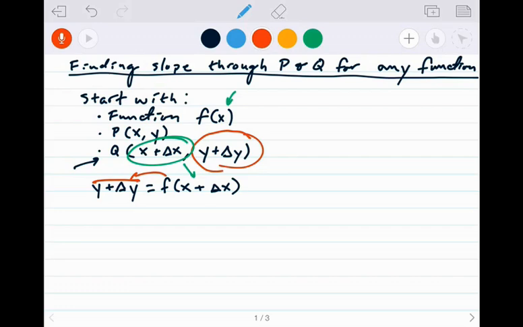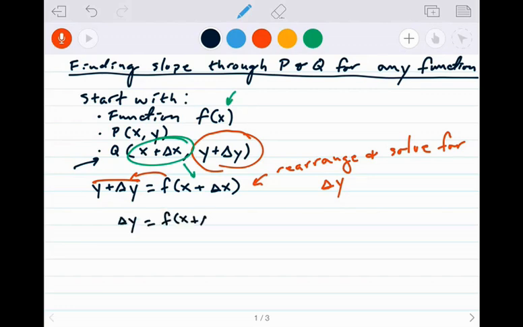Like we always do with math, let's do some rearranging. We're going to rearrange this expression and solve for delta y. We don't have to do much rearranging. We just bring y over to the right side. So delta y is equal to f of x plus delta x minus y.